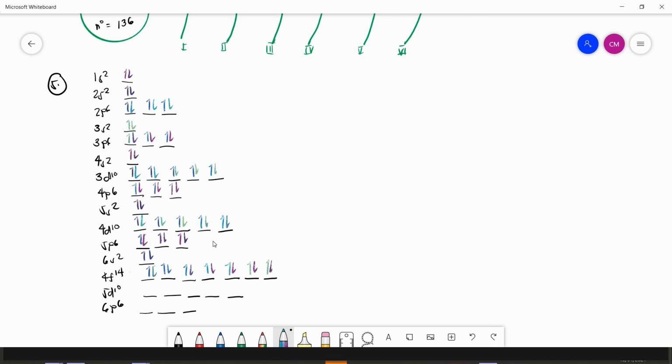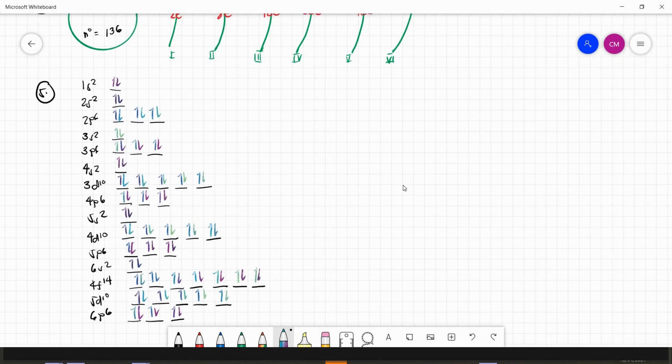And that will affect the behavior of the element, of the atom. Ayan. And then 6p6, so sakto lang siya. So that is for step number 5. Okay, so we're done with step number 5.